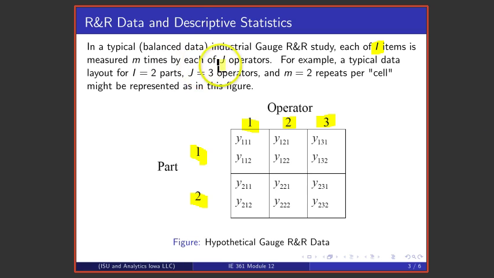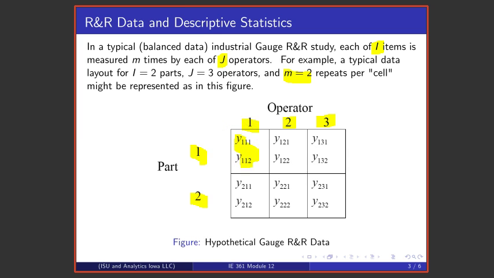We'll use the letter J to stand for number of operators, with each operator measuring each part some number of times, and here we'll call that little m, and in this case every cell here has 2 measurements in it.